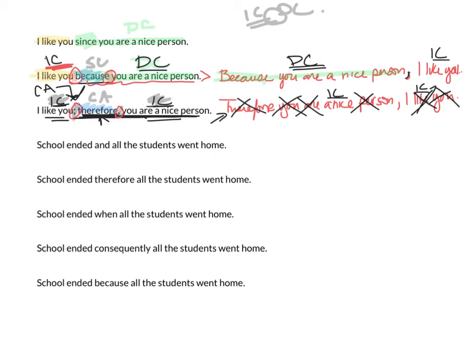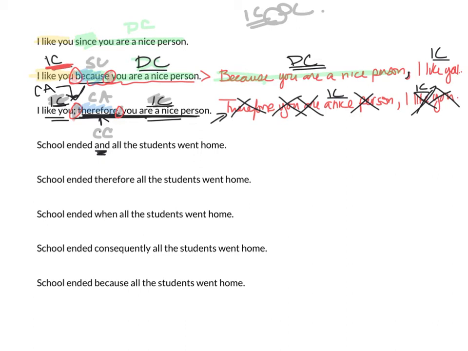In the next one, school ended and all the students went home. What conjunction do we have? Yeah, in this conjunction, I have a fanboys or a coordinating conjunction. In this coordinating conjunction, is it punctuated correctly?